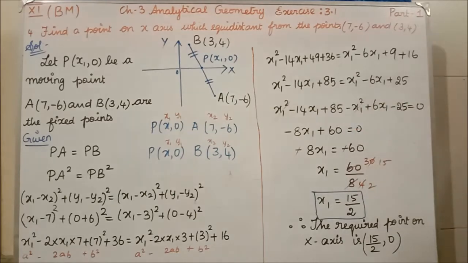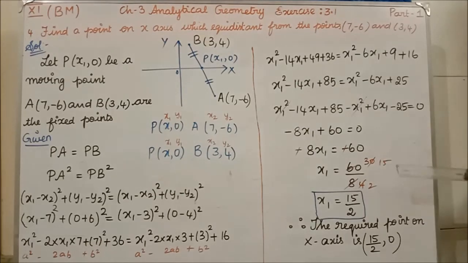So what is left here? Minus 14 plus 6, that is minus 8x1. 85 minus 25 is plus 60. If this goes that side it will become minus 60. Minus minus I have cancelled. x1 equal to 60 by 8.